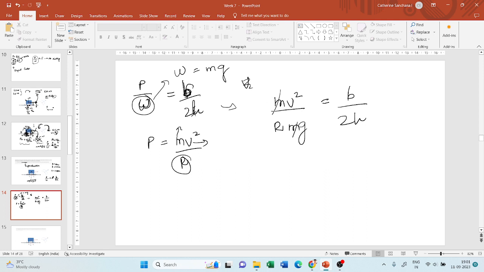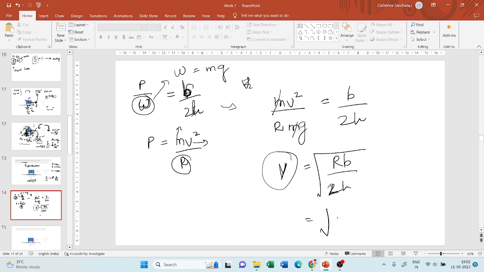If you cancel it, you know that v is nothing but square root of r g b by 2h. This is a standard equation which has been derived, and which I did here as well. So you simply have to substitute the values given in the question to find the maximum speed with which the vehicle can travel to avoid overturning.